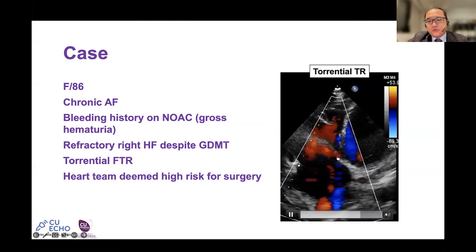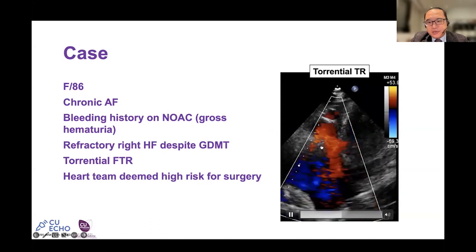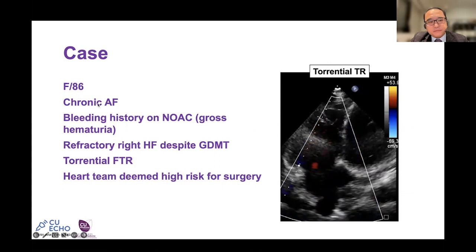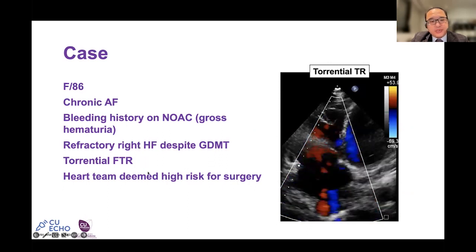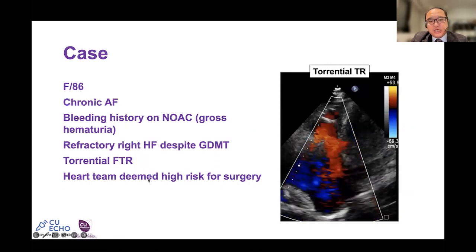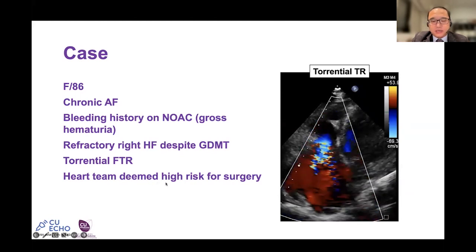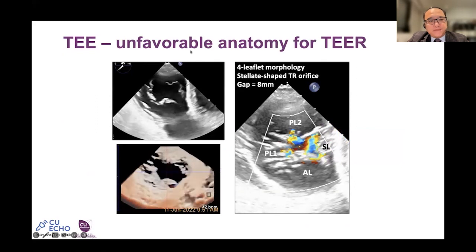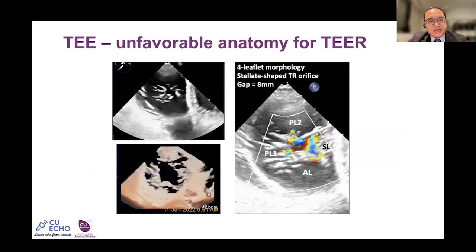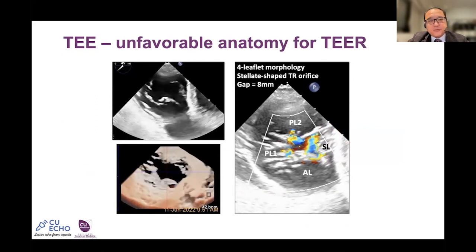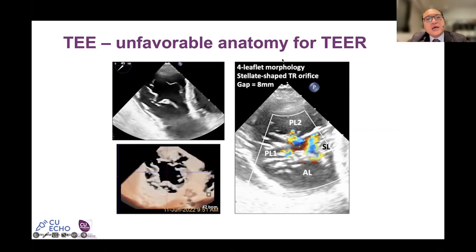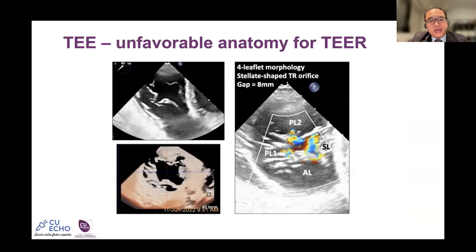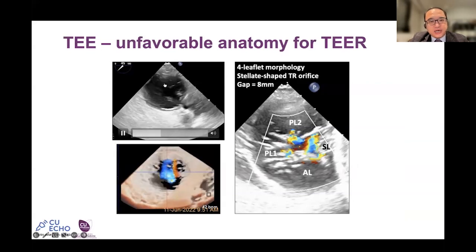She has torrential functional TR, as you can see on this transthoracic echo, and because of her comorbidities and age, it was decided in the heart team that she was too high risk for tricuspid valve surgery. We initially planned to offer a transcatheter treatment for her tricuspid regurgitation, and the device available here in Hong Kong is transcatheter edge-to-edge repair with the TriClip device.